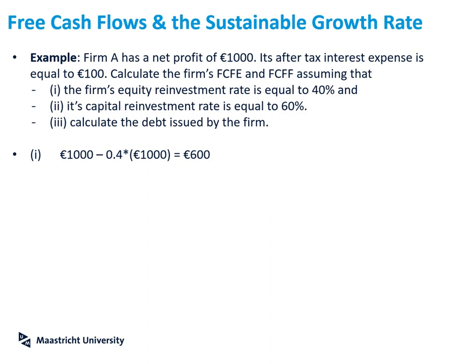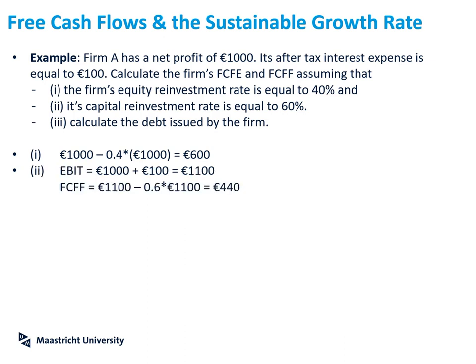Now the second question asks for the free cash flow to the firm, assuming that the capital reinvestment rate is equal to 60%. The capital reinvestment rate and the free cash flow to the firm don't depend on net profit, but they depend on net profit plus after-tax interest expense. So that's the first part of the solution where we calculate EBIT. So we have 1,000 in net profit, but we need to add back the after-tax interest expense.